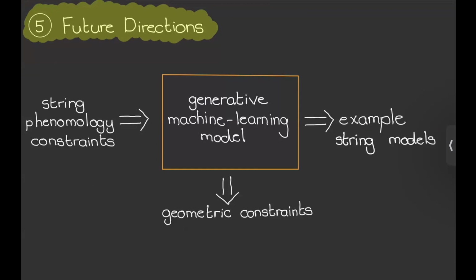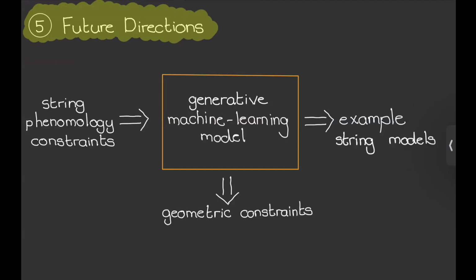We've used genetic algorithms and reinforcement learning, but this isn't necessarily to say that that is the only way or the best way to do it. There are many other types of generative machine learning methods, like diffusion models and GANs, and I think it's definitely going to be interesting to try all of these as well. But in general, you have constraints from string phenomenology, you input this into some machine learning model, and then you use that model to generate string models for you. That would in itself be a great thing.